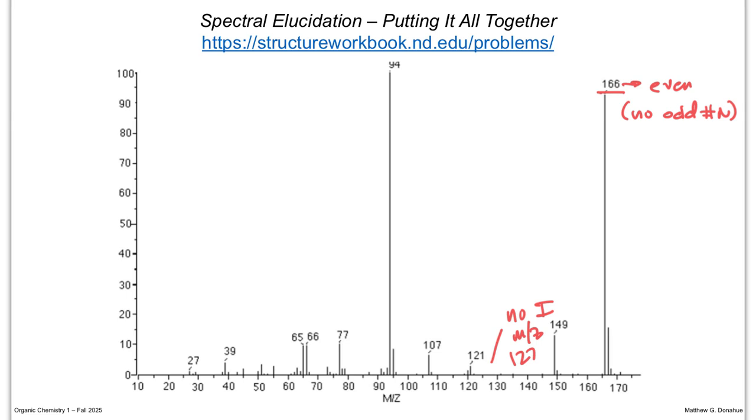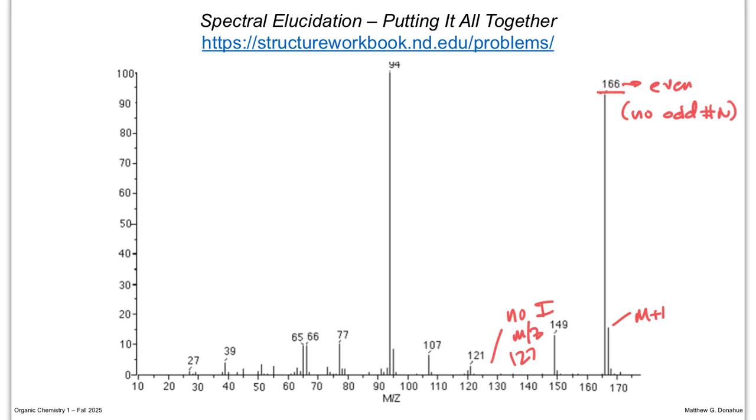Now this is, again, what you have to pay attention to. It's probably hard to see, but that's an M+1 signal. It's not M+2. So M+1 really only tells you the carbon count. The M+2 will tell you if it's bromine or chlorine.